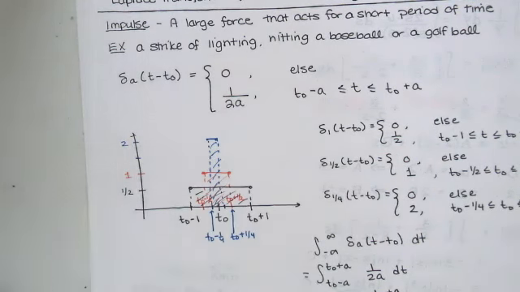It's the limit of this function as a approaches 0. Sometimes people will call this the Dirac delta function. I prefer to call it just Dirac delta or the Dirac delta distribution or the Dirac delta generalized function.